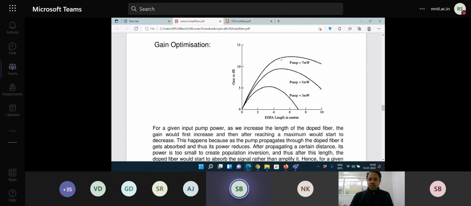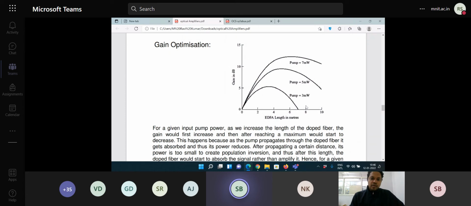You can see from this graph that even at a pump power of 7 milliwatts, if you have a length of about 6 meters, you're getting the maximum. Beyond a length of 6 meters, you're not getting additional gain. The gain is limited. If you increase the pump power even higher, then you can have another graph, but the length would also not be increasing that much.